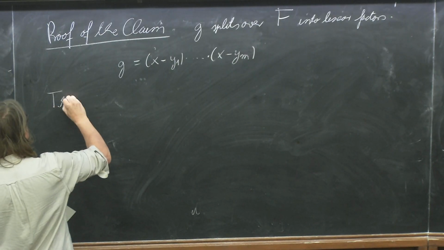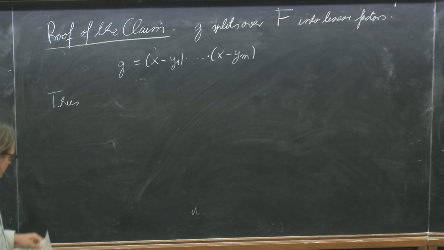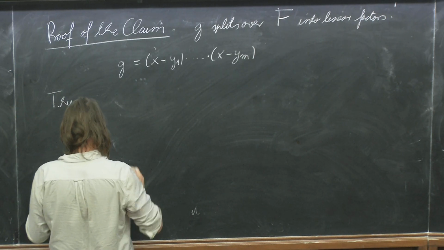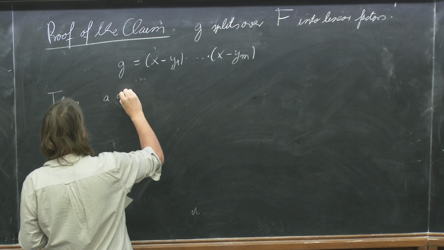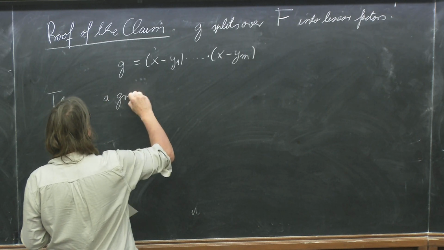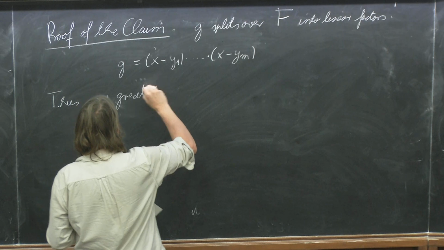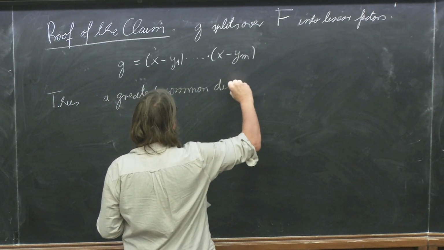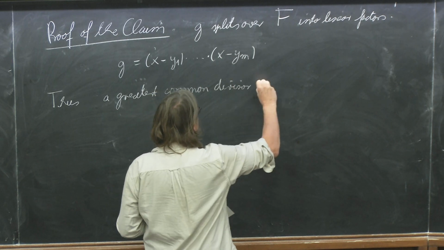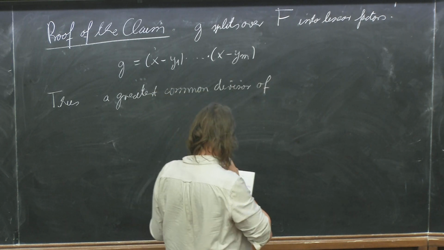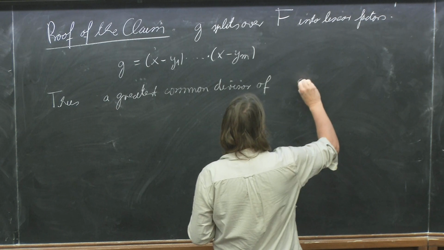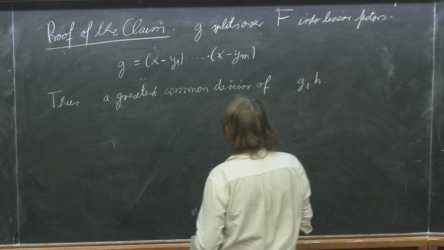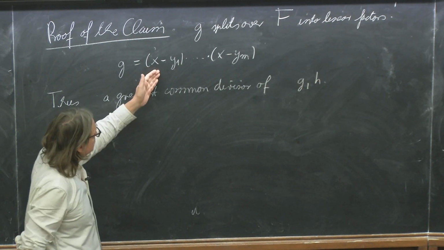Thus, up to multiplying by a constant, a greatest common divisor of G and H must be a product of some of these.